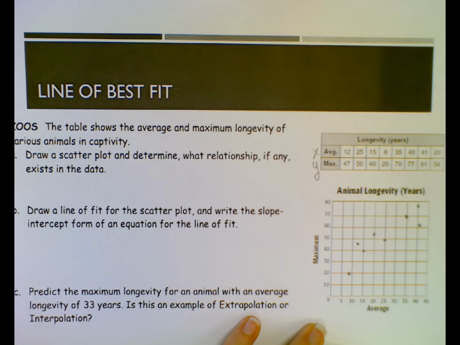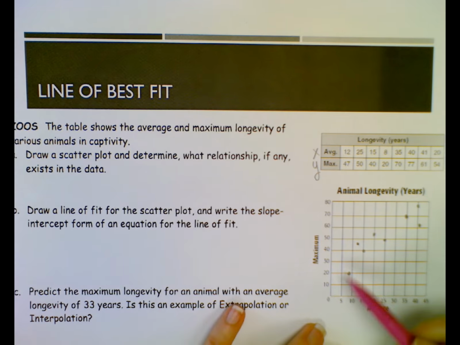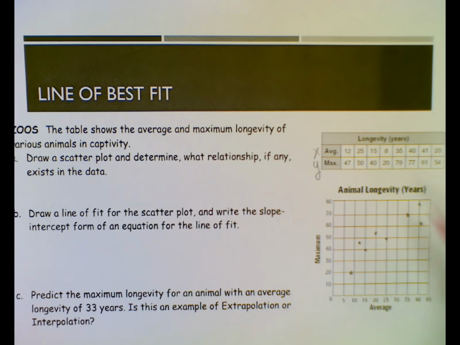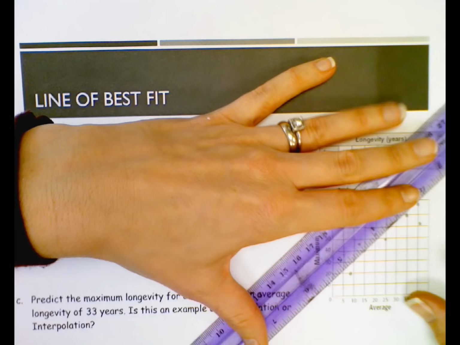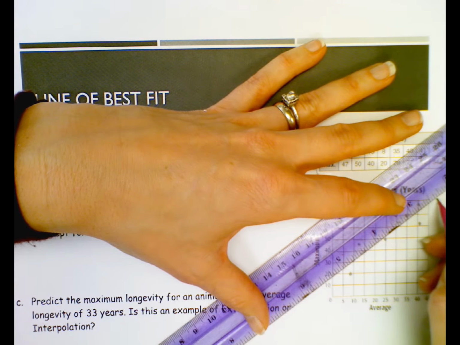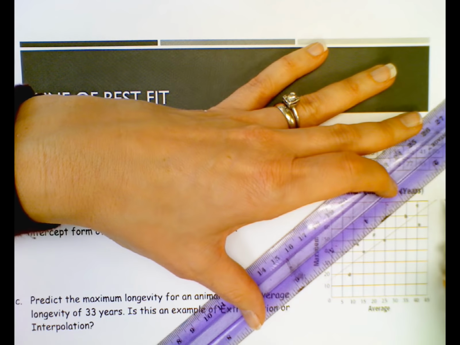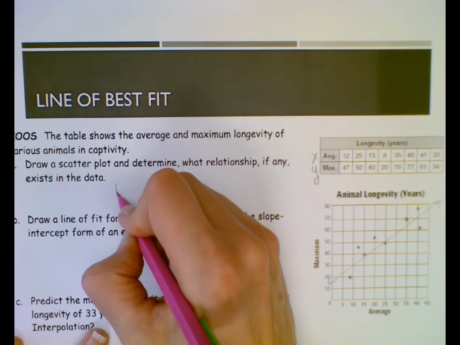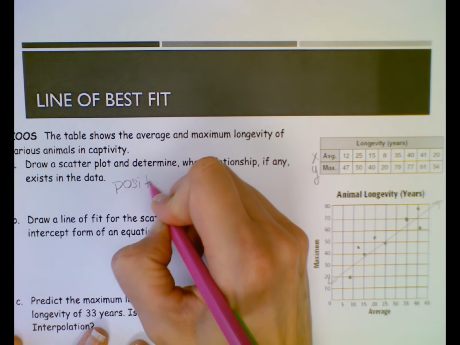So right away, when I look at that, I can see that it's going to have a positive correlation, right? Because it's all kind of going uphill. And if I draw a line of best fit, just a sketch of a trend line through there, I can see that it's moving in the positive direction. So there is a positive correlation here.